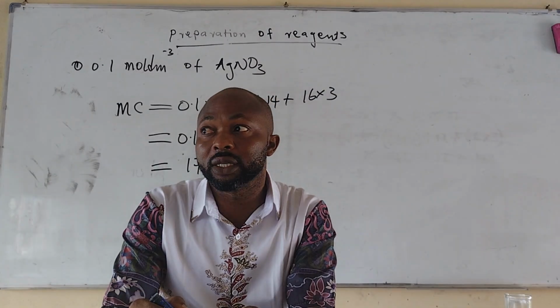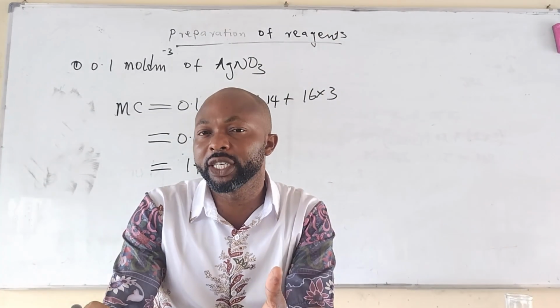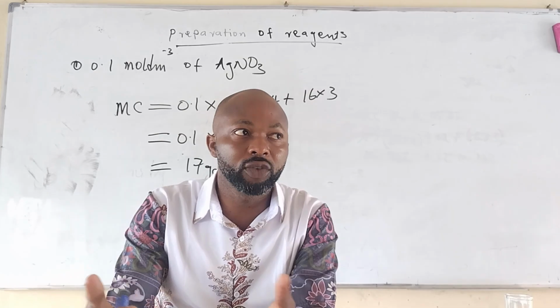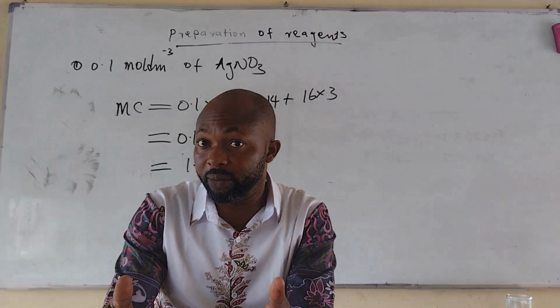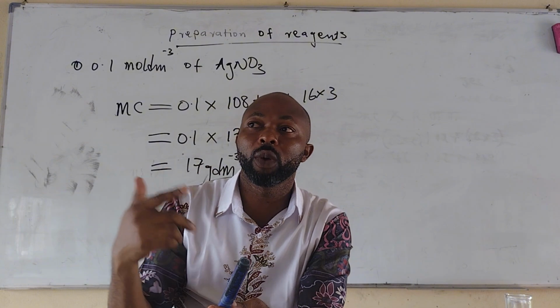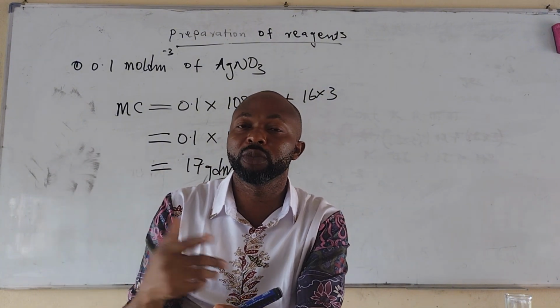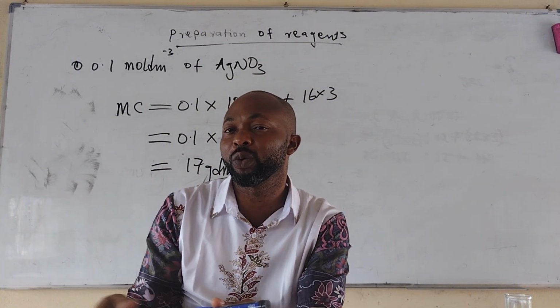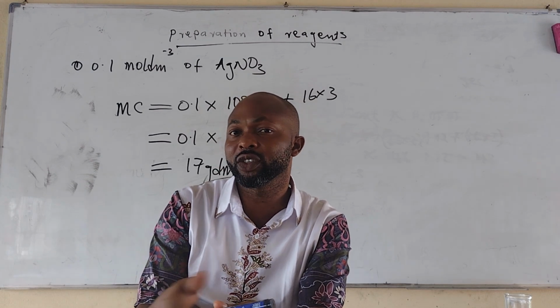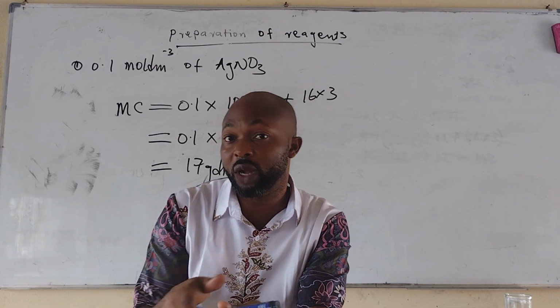So this is it about preparation of reagents from solid samples. Sodium chloride, sodium hydroxide, potassium hydroxide, they are all in solid form, so we measure them. When they ask you to prepare 0.1 mole per dm³ of sodium hydroxide, you don't just go and measure 0.1. You have to carry out your calculation: mass concentration equals molar concentration times relative molecular mass.